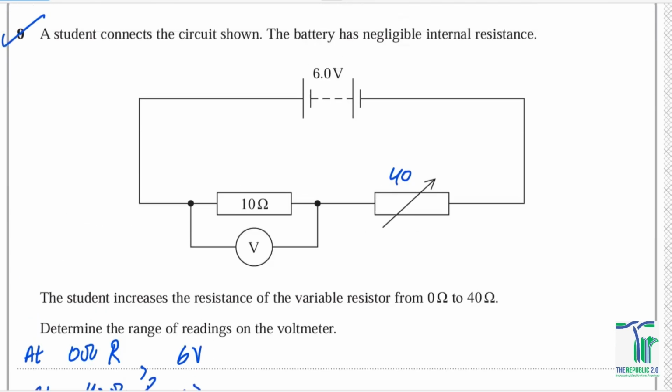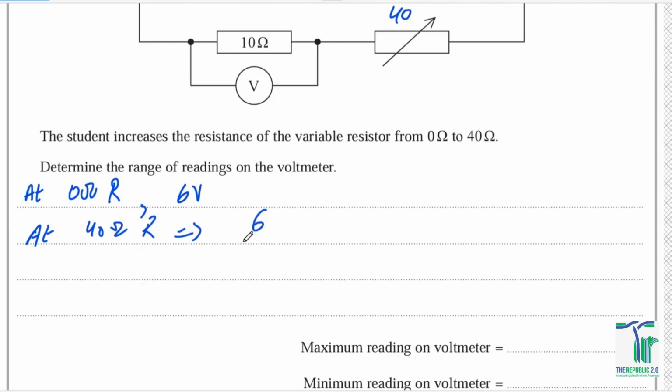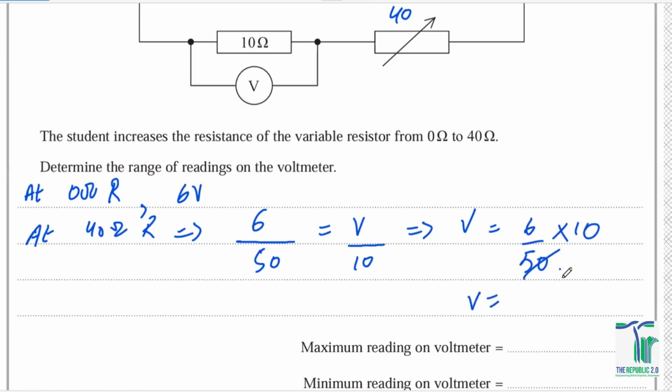The total voltage is 6, divided by the sum of the resistances, which is 50, equals V divided by the resistance across the voltmeter, which has to be 10. From this equation, V should be equal to 6 over 50 times 10, and 6 over 5 is 1.2 volts.